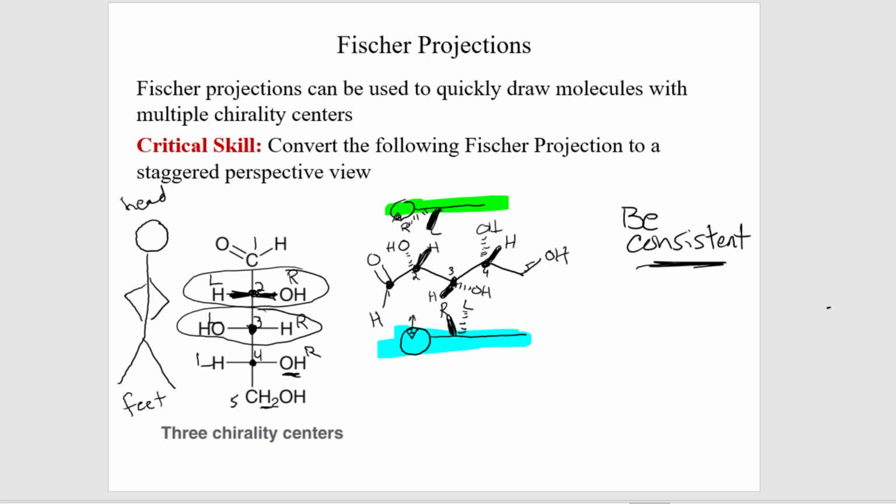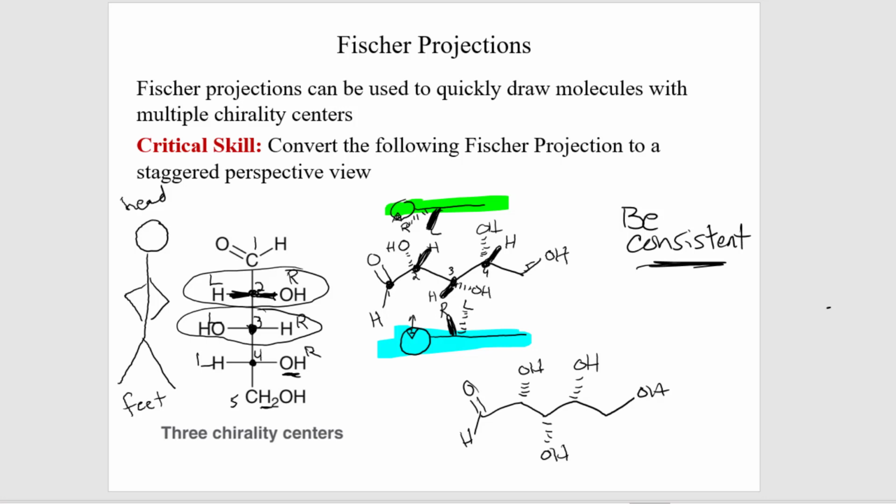So then you can erase all of your Supermans and Aquamans, and you will see that this molecule can be written like this. You don't have to put the hydrogens in.